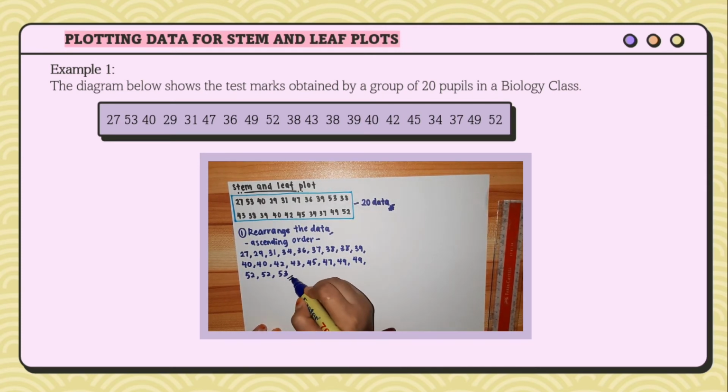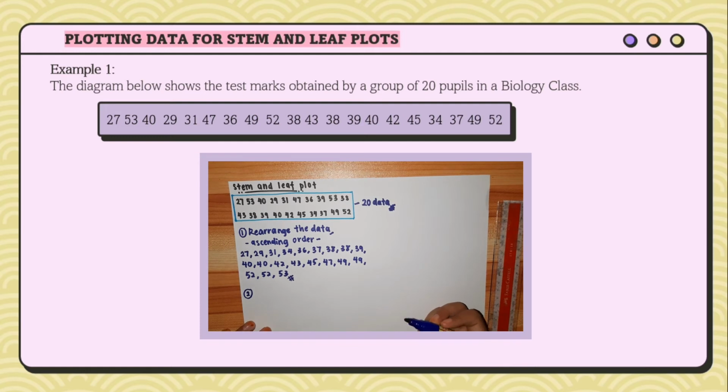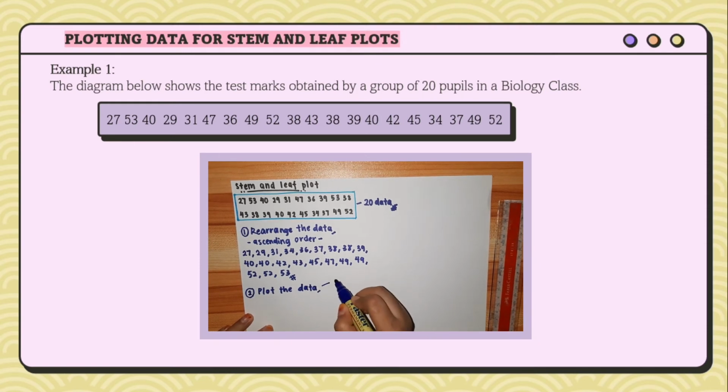What is the next step? So, the second step is we will start to plot the data. Do you remember what things we need? Yes, the first thing is we need to find the stem and the leaf based on the data given.